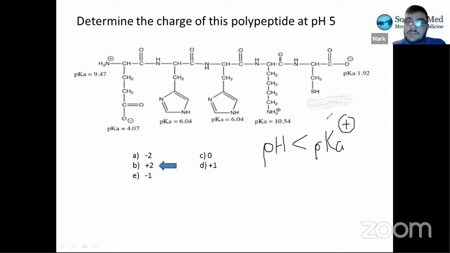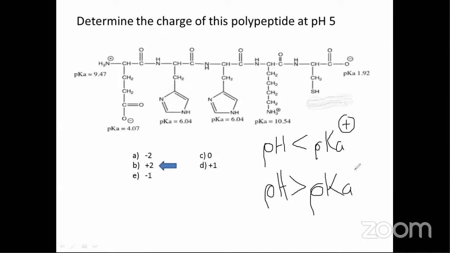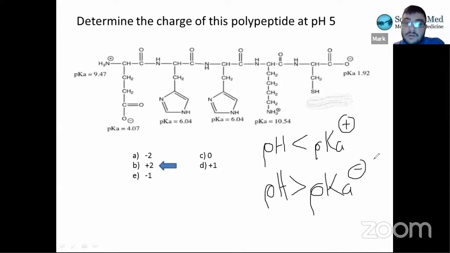Doesn't necessarily mean it has a positive charge. And if the pH is greater than the pKa, that means the molecule is more acidic. It will act as an acid, and it will give up its proton. Doesn't necessarily mean, again, it has a negative charge. I'm just writing negative to show that it's deprotonated, right?